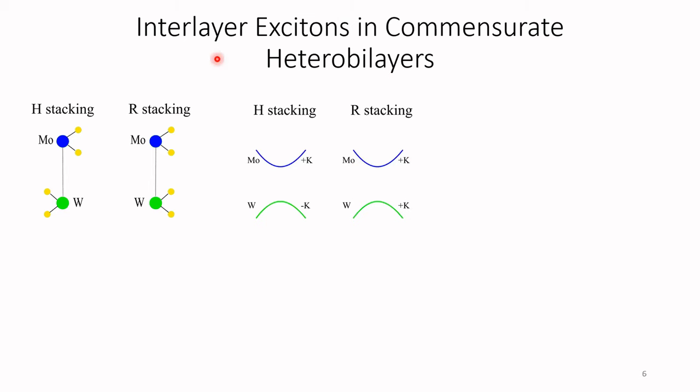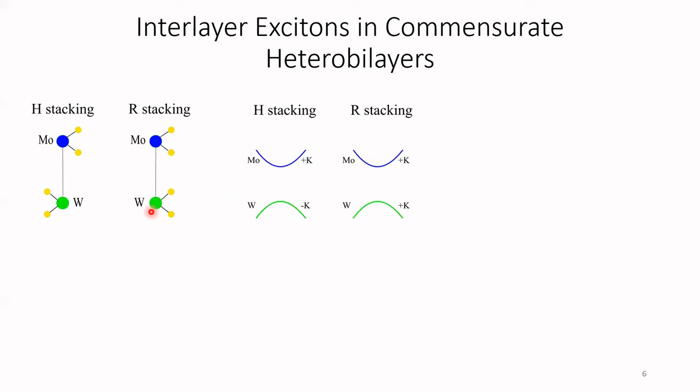But now with interlayer excitons, because the hole tunnels into the lower layer, we have the hole sitting in the valence band maximum of one layer and the electron sitting in the conduction band minimum of the other layer.